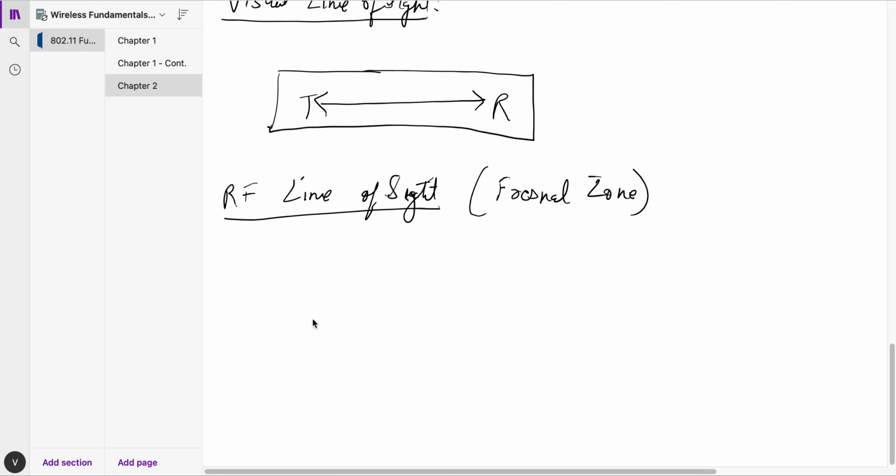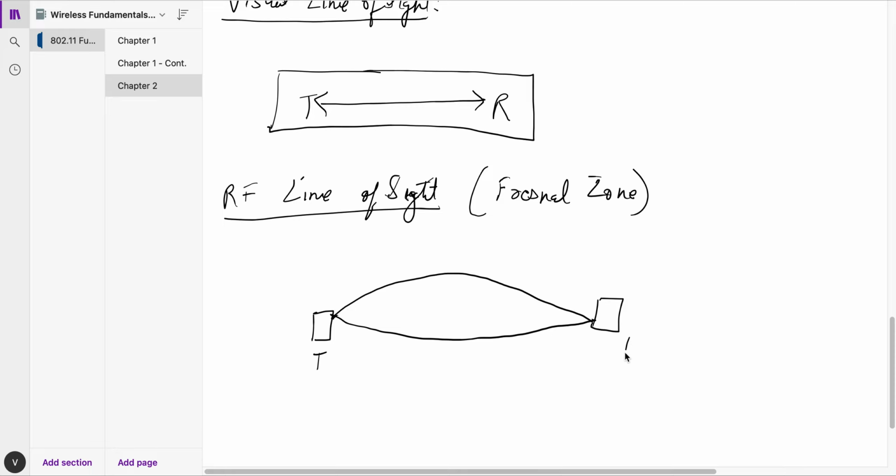Let's say this is a transmitter and this is a receiver. Now, the RF line of sight is like an American football that is created from the transmitter to a receiver, okay? And there should not be any obstruction in this RF line of sight. This is like a Fresnel zone that we have created.